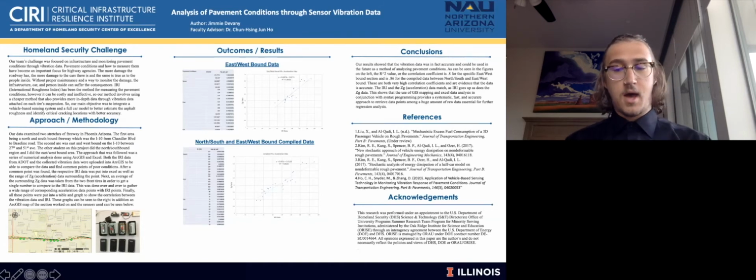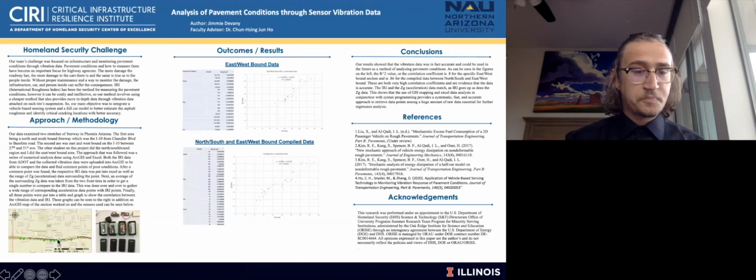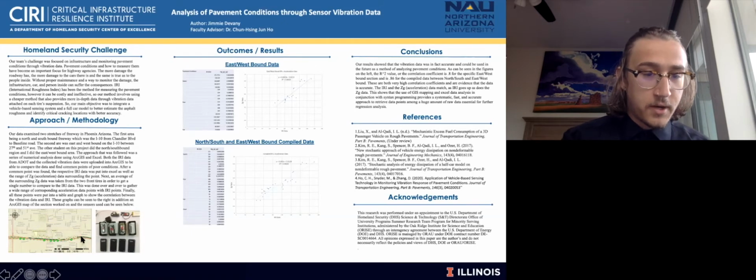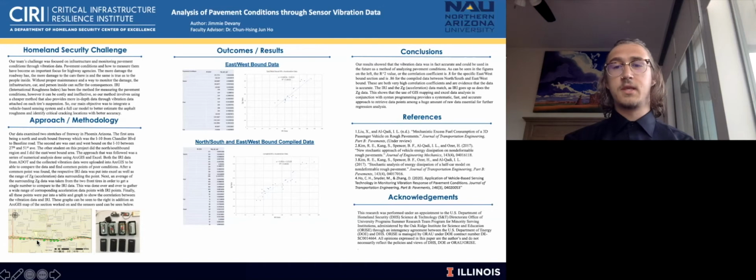The highlighted green points along this data are IRI points. All the darker green mini dots here are our ZG data, which is basically the acceleration data from our sensors.